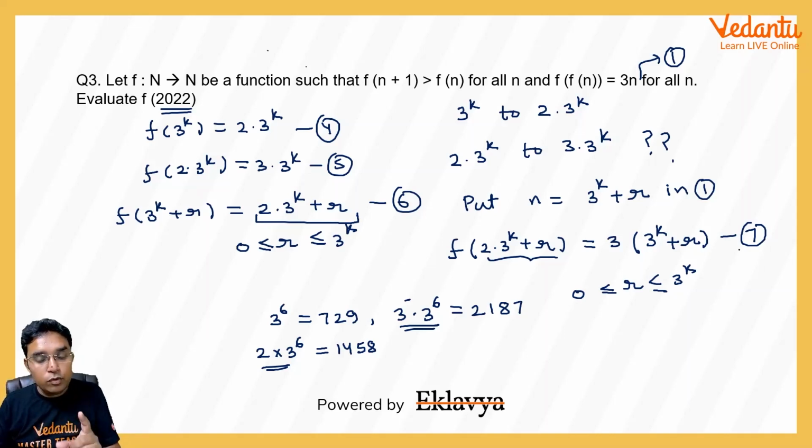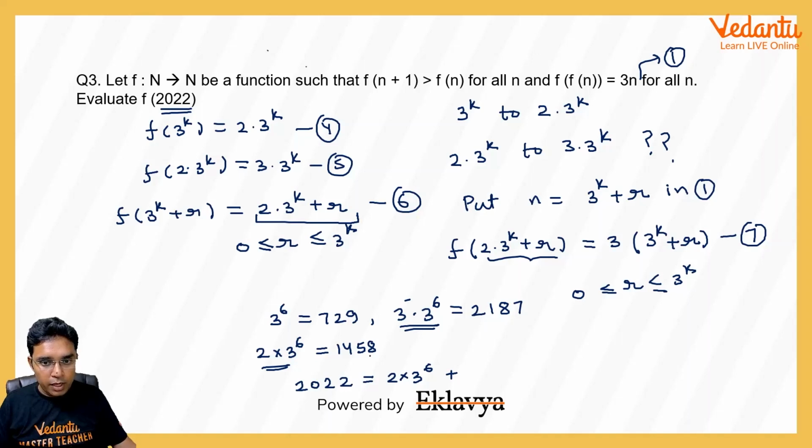Now we have to find the correct value of r, and for that I will be writing 2022 as 2 into 3 power 6, which is 1458, plus r. I think I'll do the subtraction here. 12 minus 8 is 4, 11 minus 5 is 6, and 9 minus 4 is 5.